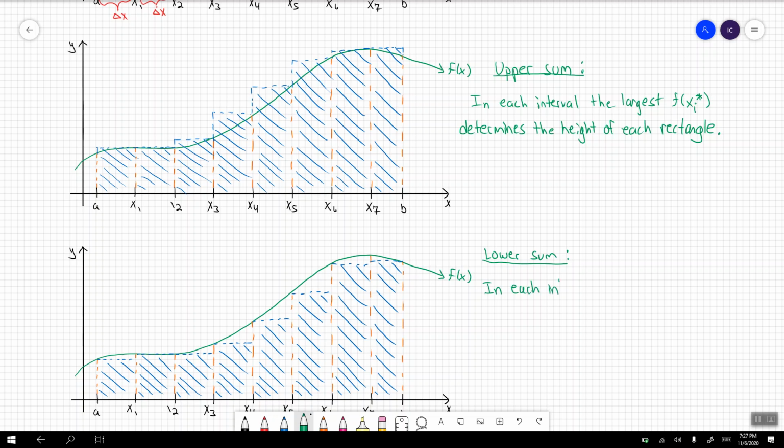In each interval, the smallest function value determines the height of each rectangle.